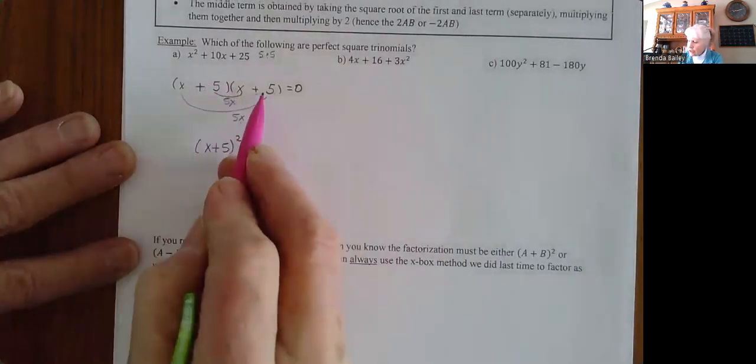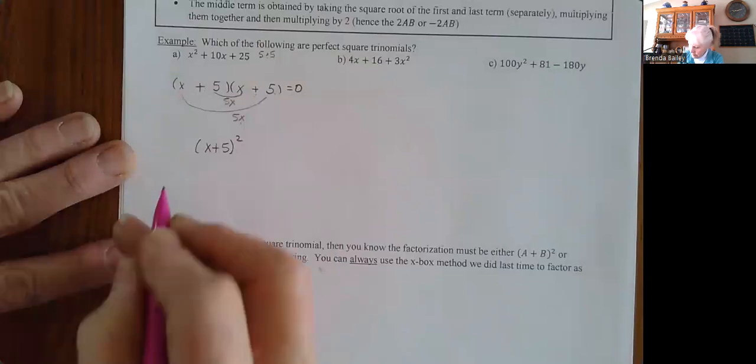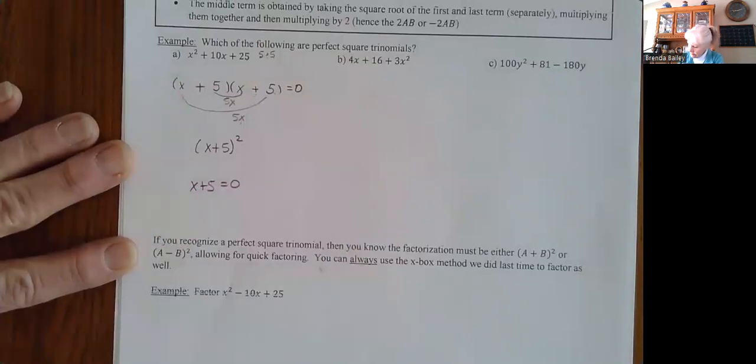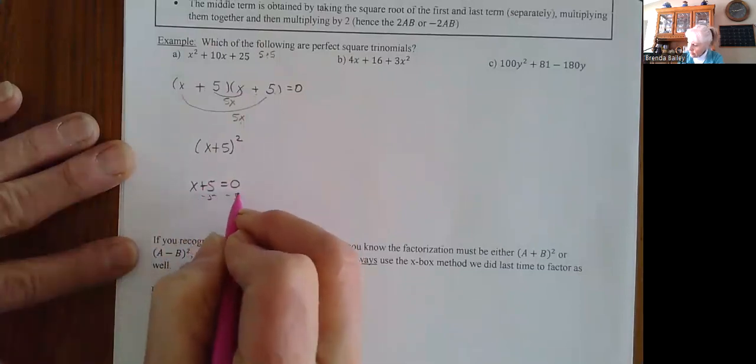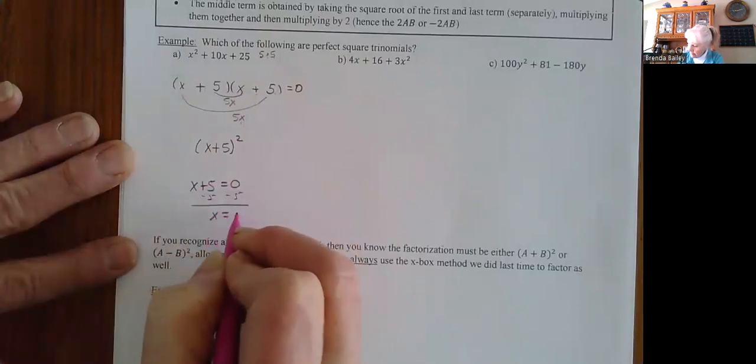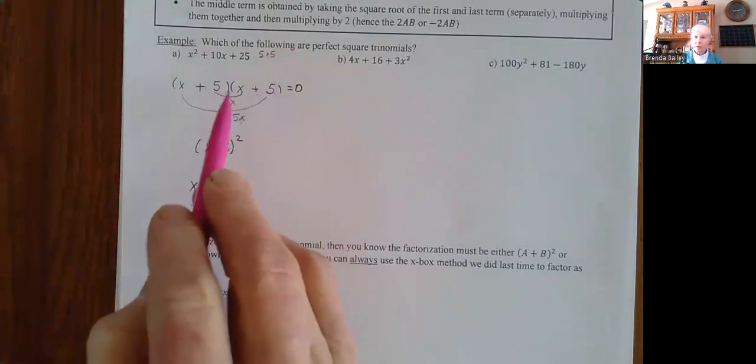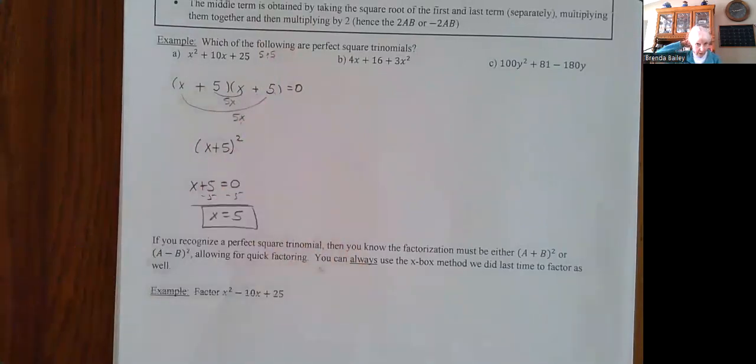Because these match, I just use one of them and solve it. Now -5. So you only use one of them. It's called a double root, but you don't need to know that, maybe for the future. So the answer is just x equals -5, if it were an equal sign.